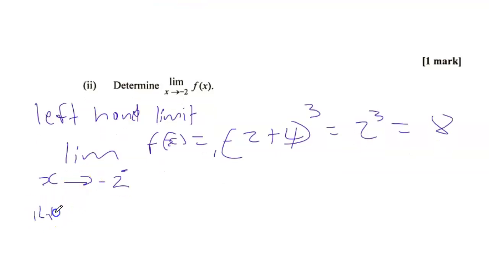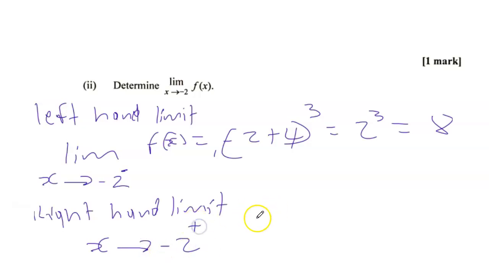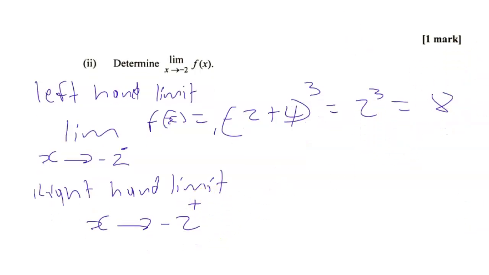So the right-hand limit is for when x is greater than the value here, which is negative 2. So the right-hand limit, as x approaches negative 2 from the right. Let me just write that better. So I need to put this below.